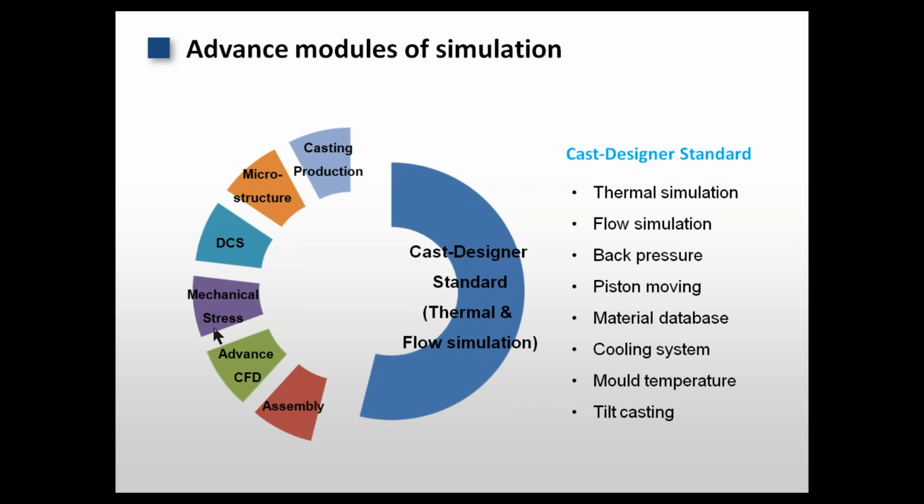And the mechanical stress module helps you find out the deformation and the distribution of the stress after the cooling process. And the DCS is the die compensation solver, which means you could make a compensation of the casting based on the stress deformation.